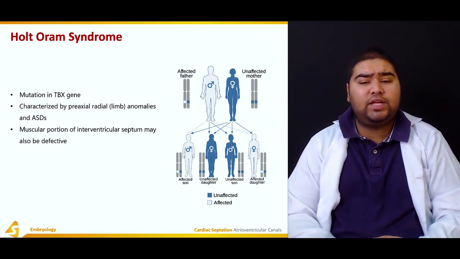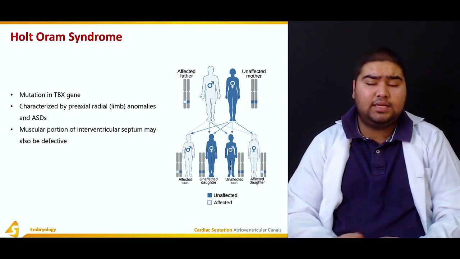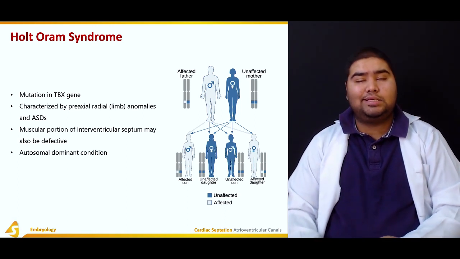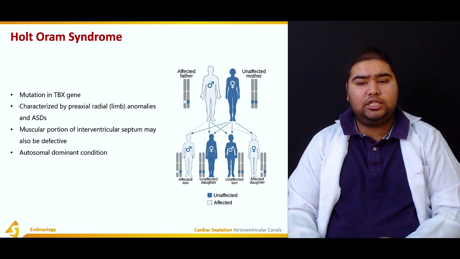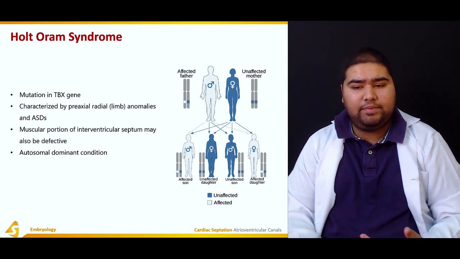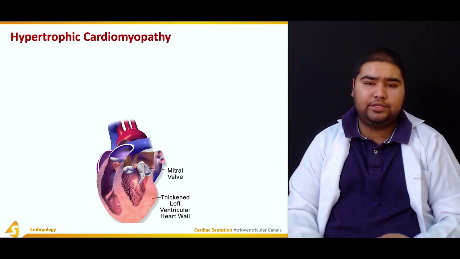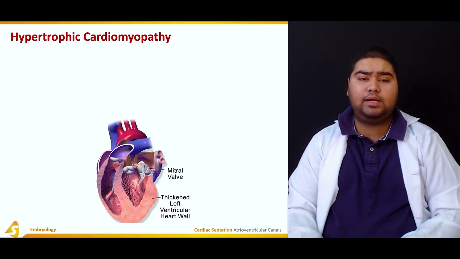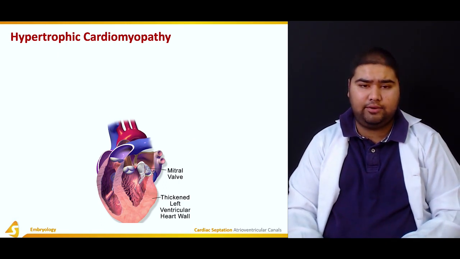The muscular portion of the interventricular septum may also be defective, and it is an autosomal dominant condition which affects males more commonly. So let's talk about hypertrophic cardiomyopathy now.